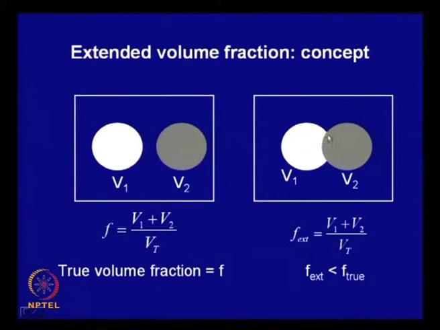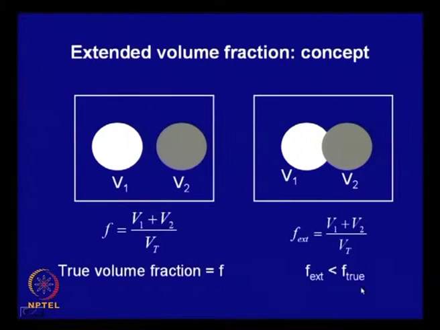You see there is an area where these two overlap. Nevertheless, we can still calculate a volume fraction using the same expression as over here, and which is done. And now it is clearly evident that this fraction transformed will certainly be higher than the true fraction transformed.